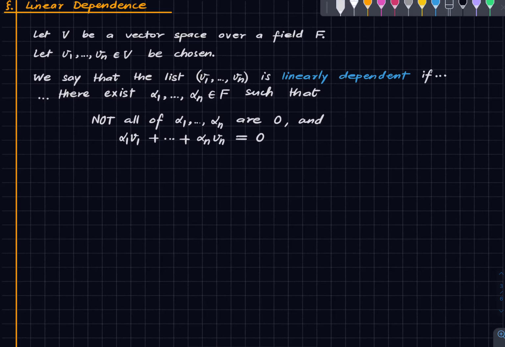So what we are saying is that there is a non-trivial linear combination of the vectors which vanishes. The trivial linear combination would be you put 0 everywhere, then of course you will get 0, but linear dependence is asking for the existence of a non-trivial linear combination which yields 0. That's the definition.